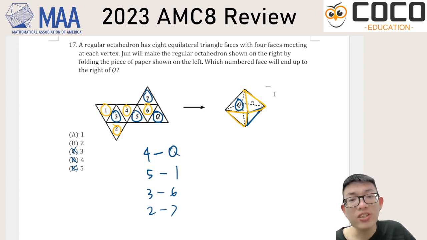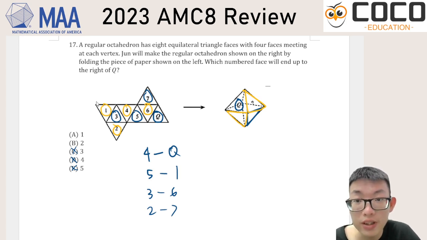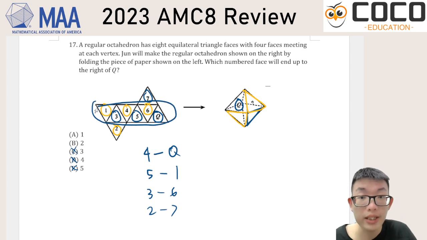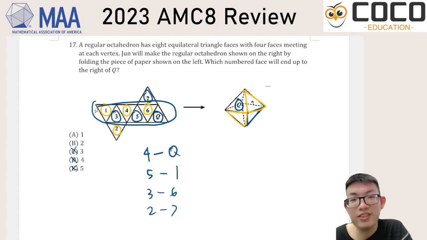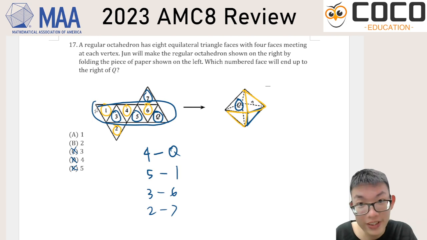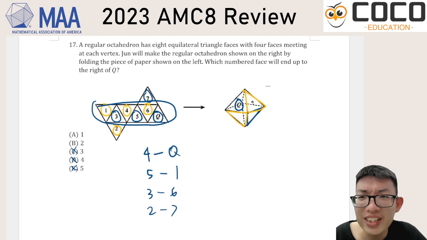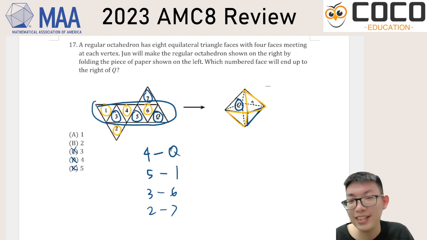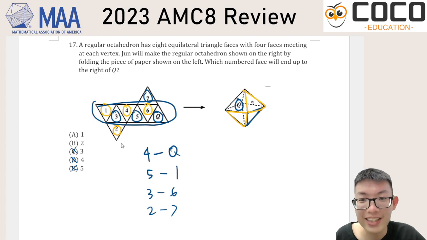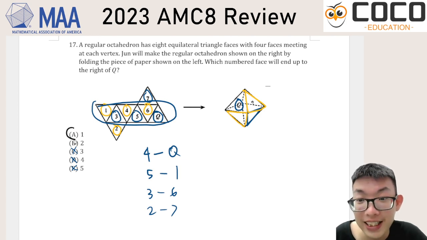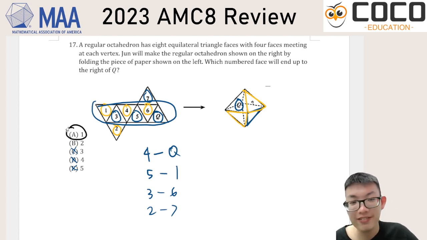It may not be that shocking considering that they belong to this very long middle block that it ends up wrapping back around. But to be honest, I don't really have the ability using just a pen to show you how it would appear. So if you really want to cut it out and fold it, that's an option in the AMC, assuming that you have paper handy, scissors handy, and you are able to do a bit of artwork as fast as you can. So I'm just going to say the answer is A and leave the rest of this to you.